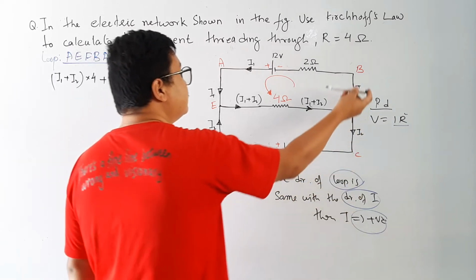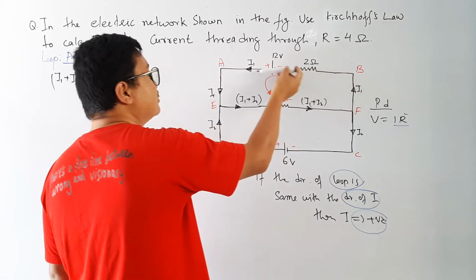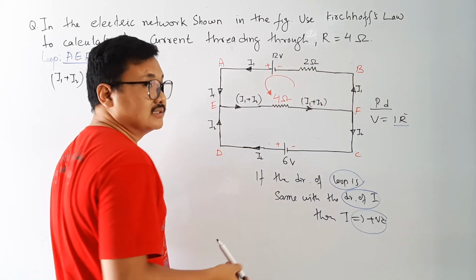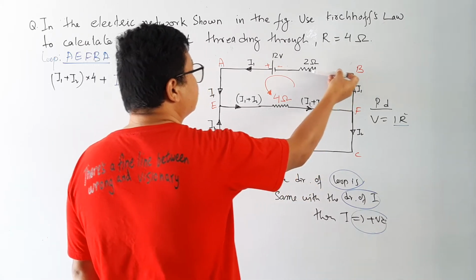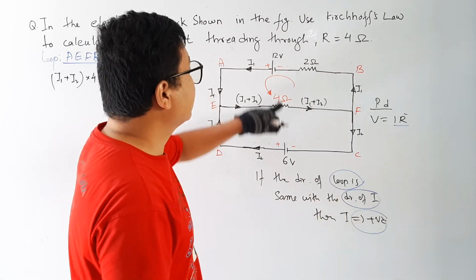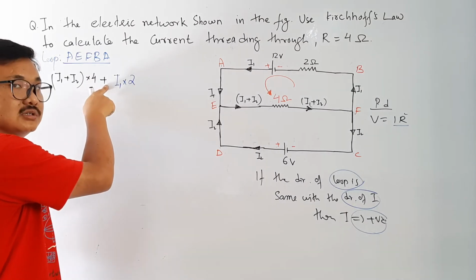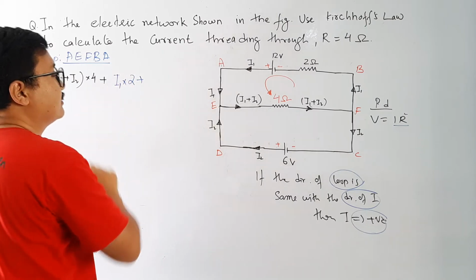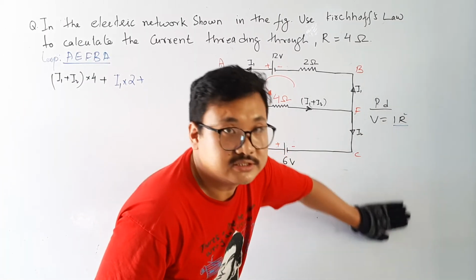I am going from B to A, and the direction of loop is B to A. At the same time, the direction of current is also from B to A. So the loop and the direction of current are same, so current is positive. I have to write positive, but there is already positive, so I will not write. And I have to add: the sum of all the potential drops and EMF in a closed loop is equal to 0.